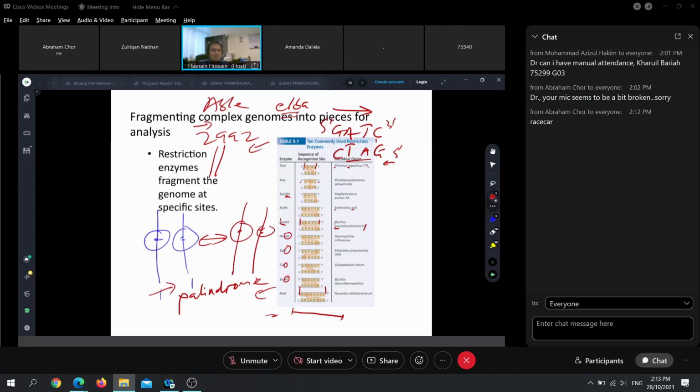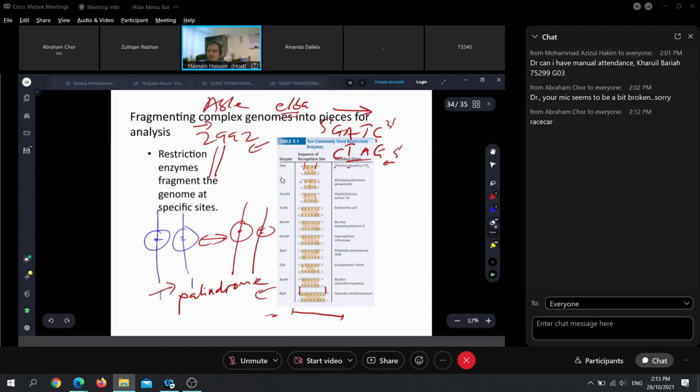Okay, do we need to memorize where the site the restriction enzyme will cut? You don't need to. You only need to understand the concept. What is restriction enzyme? And if you can remember one or two examples, like the common ones. Common ones are like EcoRI, and then what else?